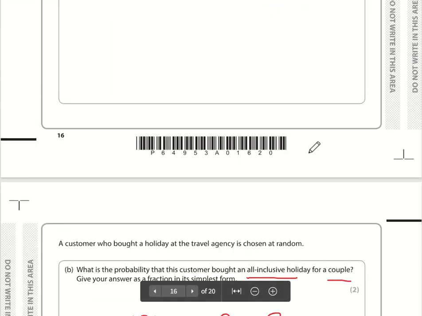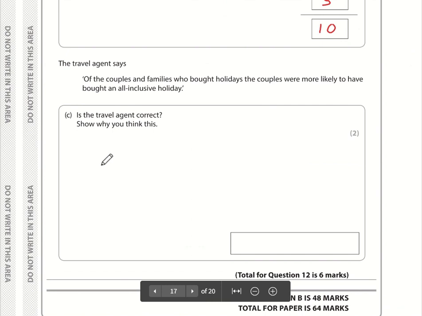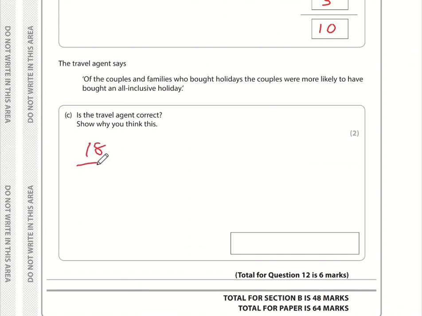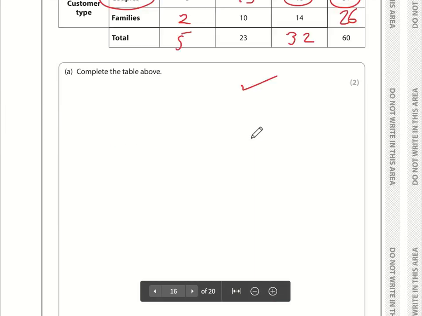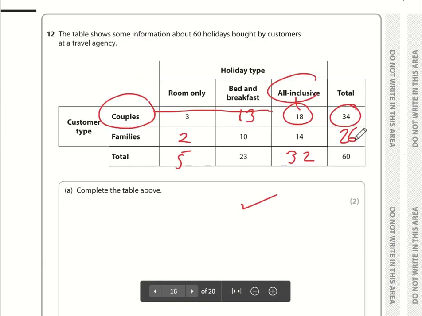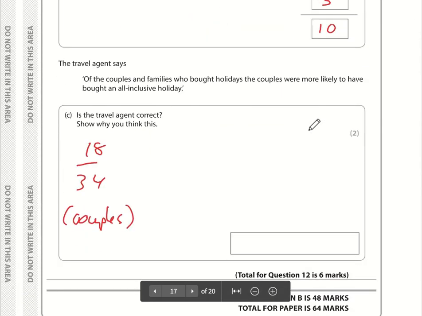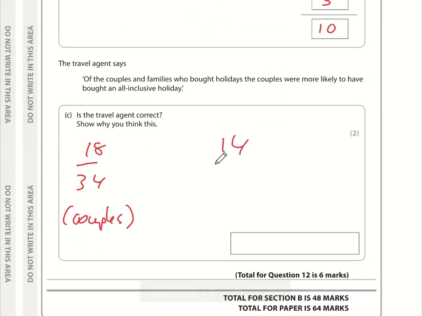So that's 18 over 34, and that is the couples. And the other one is, of course, the families. There were a total of 26 families, of which 14 went all-inclusive. So that's 14 over 26, and I'll just put here FAMS, short for families.